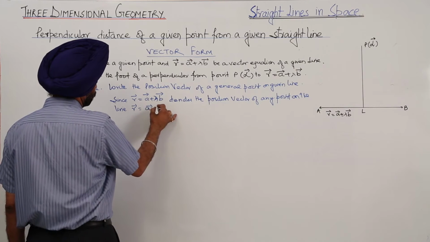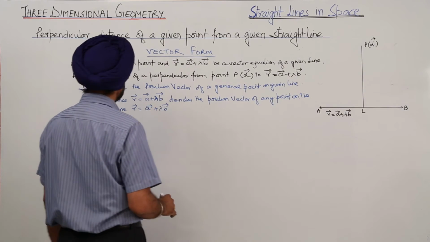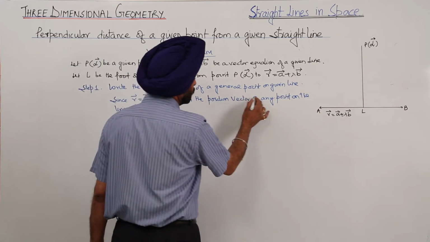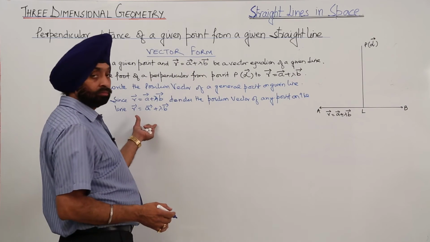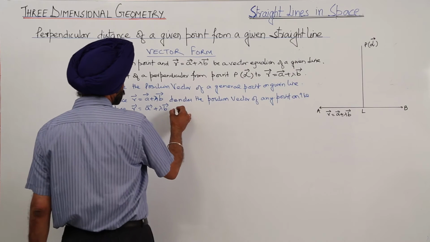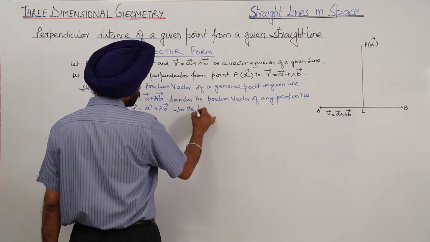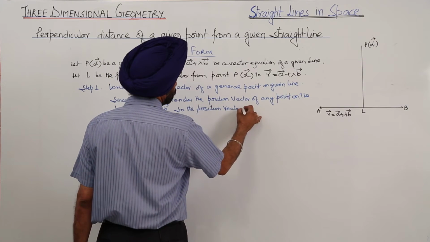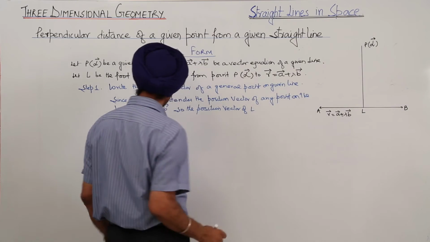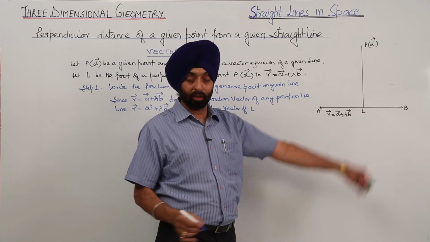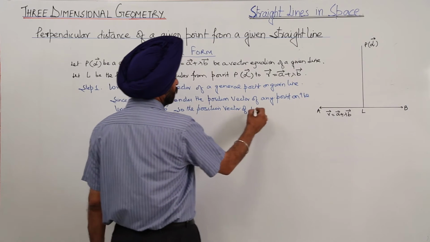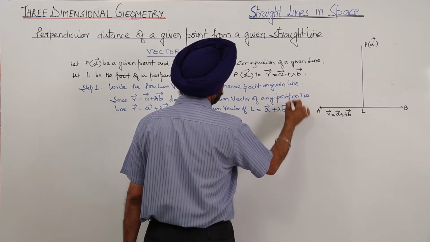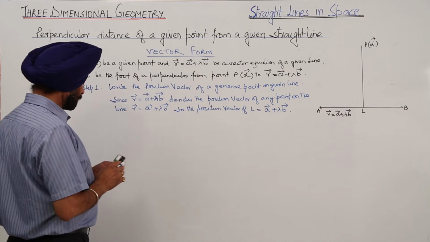Since this is the vector equation of a line, the position vector of L, which is already on the line AB, will also be vector A plus lambda vector B. Is it clear?